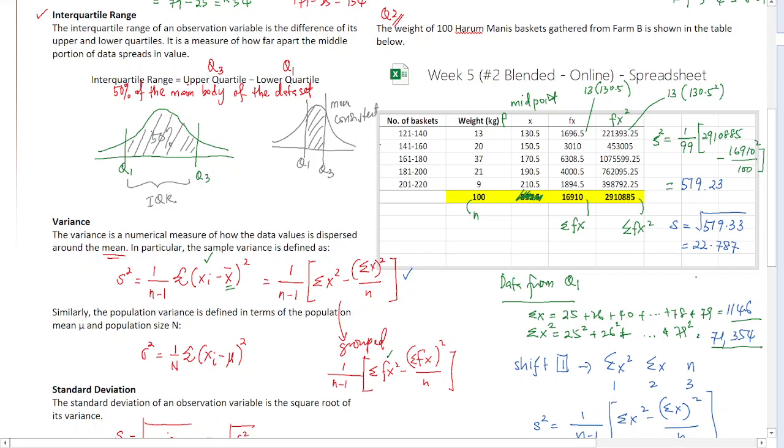Okay, so this will be your standard deviation.